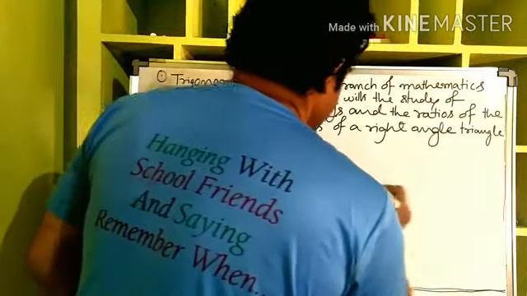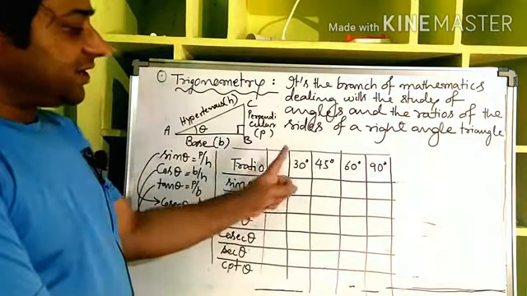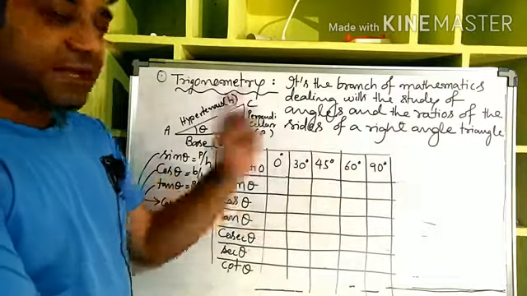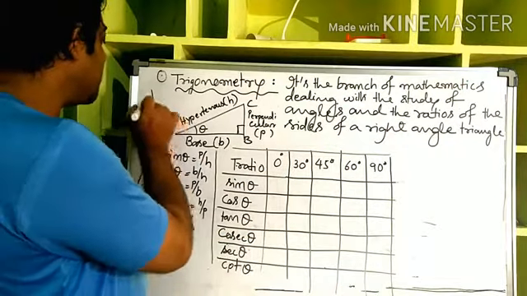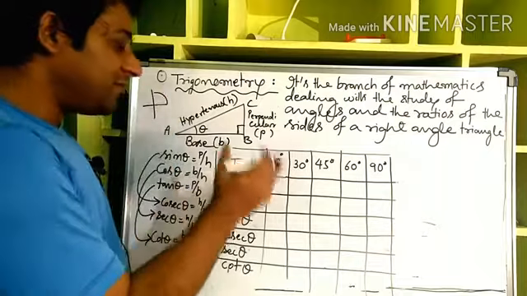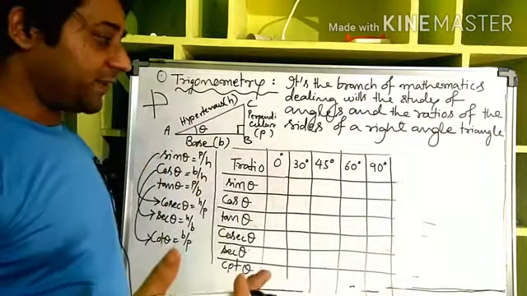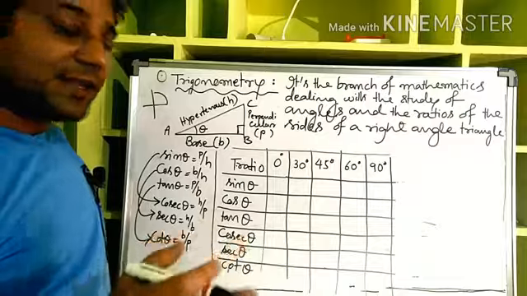And what are the standard angles? Well, the standard angles are 0 degree, 30 degree, 45 degree, 60 degree and 90 degree. So we are talking of 0 to 90 only, and from that all the angles, how we can find out. One trick we will discuss regarding that as well.